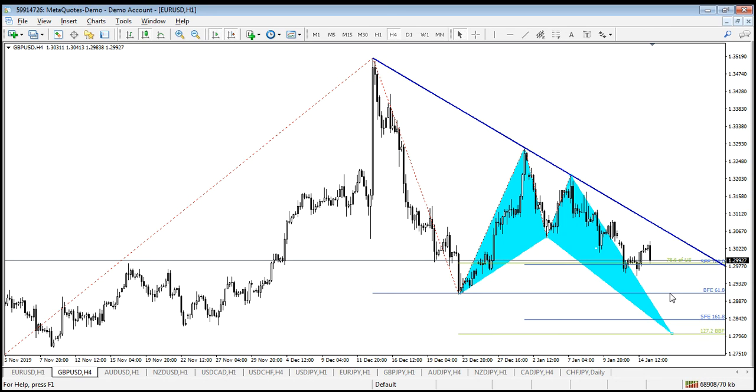That's why reaction will be there from every level, because when there are bullish reactions from every support level, market slows down. But as long as this downtrend line is intact, it's not broken, there is no issue in the fall. And now we have technical as well as fundamental factors to support our bearish idea. So this is a very nice trade, and that's all about the GBP USD as of now.